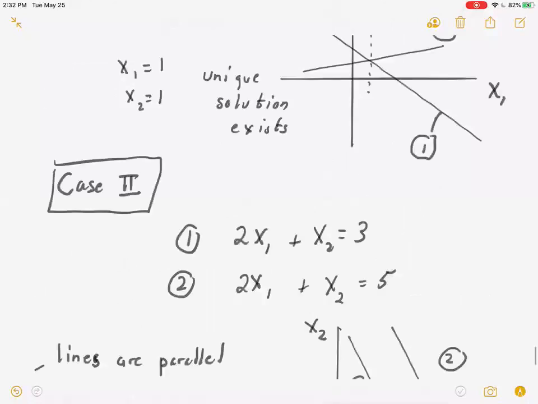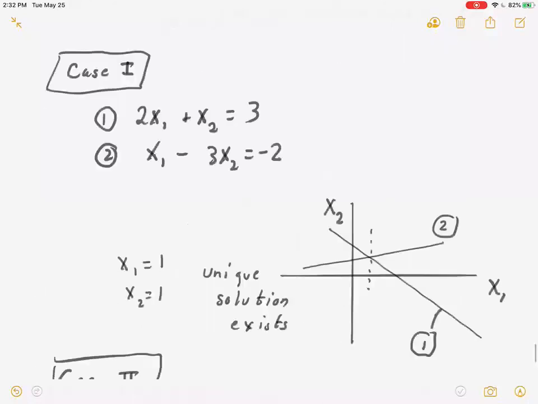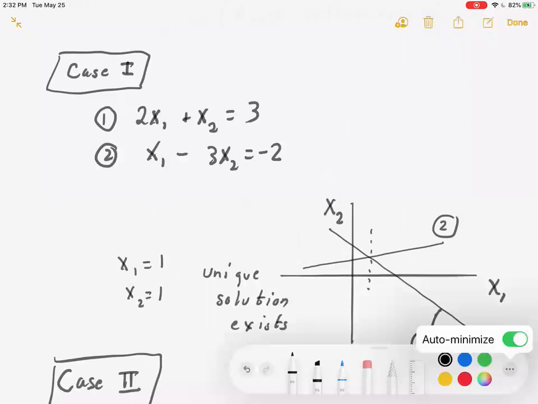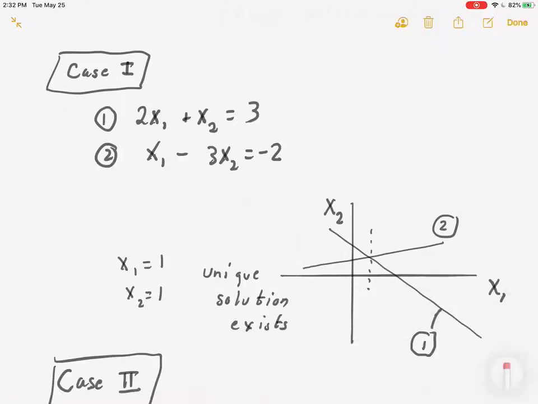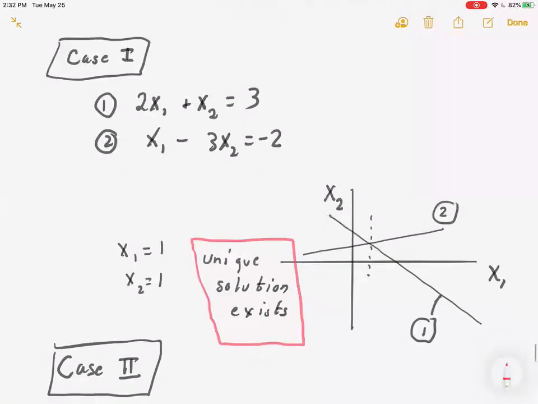So in summary, for the simple example of 2 equations and 2 unknowns, there are 3 possible cases or scenarios. One case gives you a situation where there is a unique solution. The 2 lines intersect.